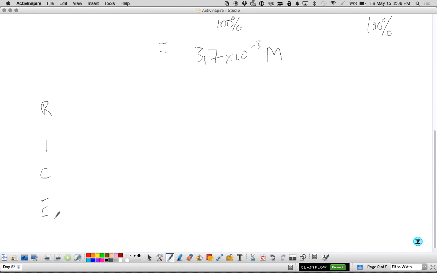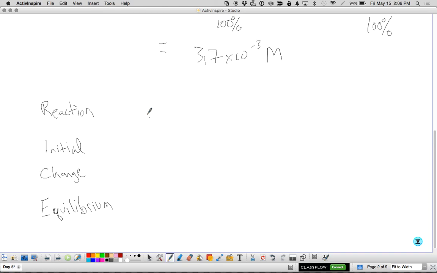And no, that doesn't stand for rest, ice, compression, and elevation, which would be the appropriate steps to take if you sprain your ankle. These stand for reaction, initial, change, and end or equilibrium.